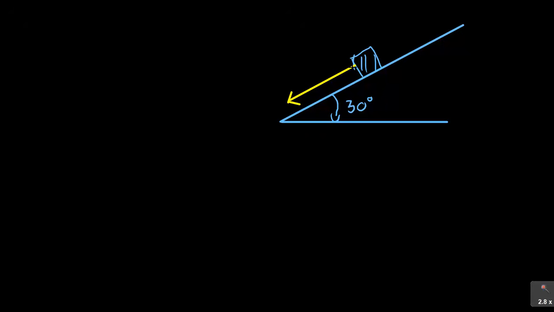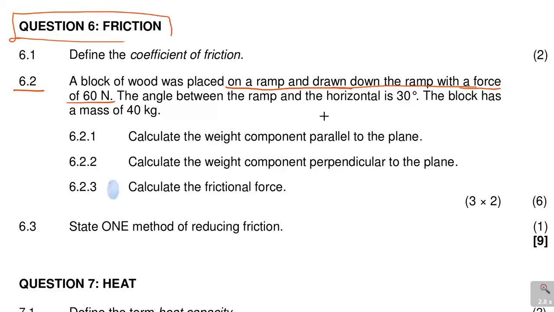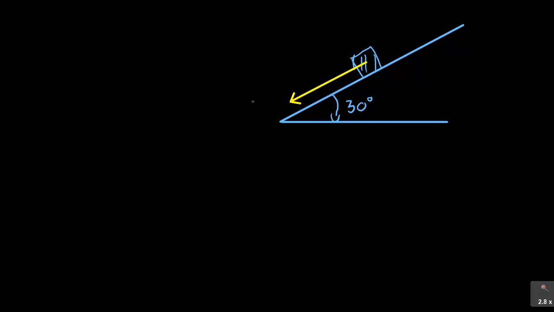And now while it is being pulled down with a force, let me just do this in the center. They say it is drawn down with a force of 60 newtons. So in here we have 60 newtons, but you know that there is always something that is opposing that force, and that force that is opposing the motion going downwards is friction.